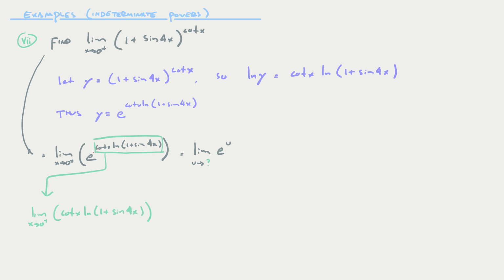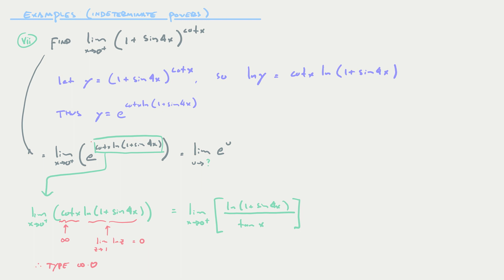This is also an indeterminate type of infinity times 0. You can see that I did some work for the substitution idea, changing the bounds of the limit for that thing. But in any case, you get infinity times 0 as the indeterminate type for just the power of the thing that we're trying to take the limit of.